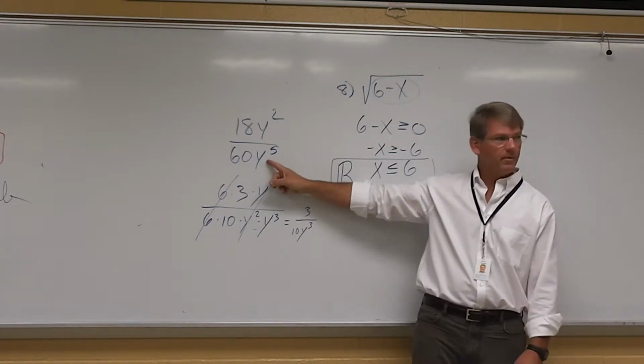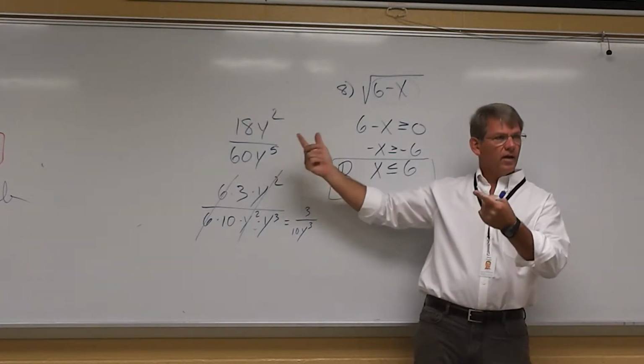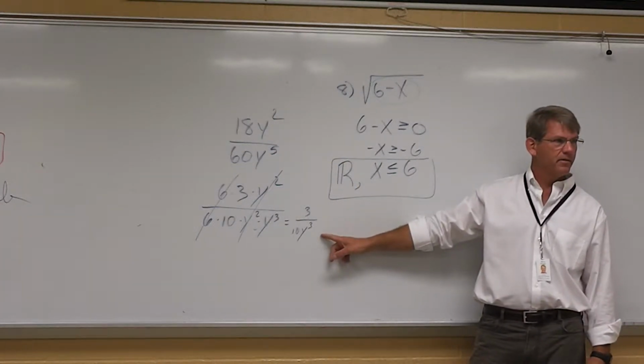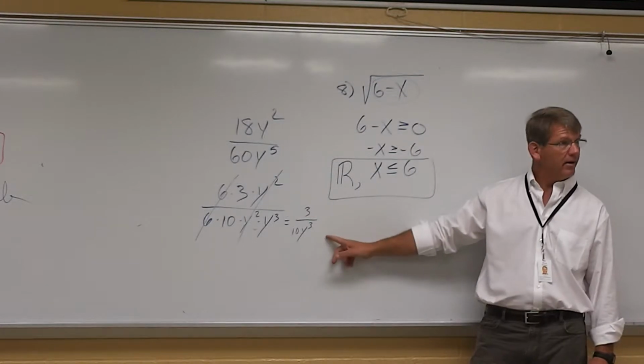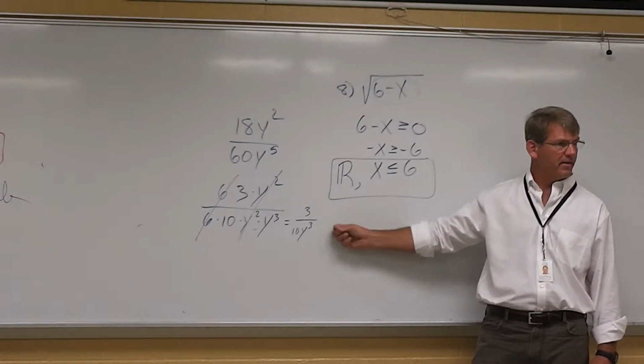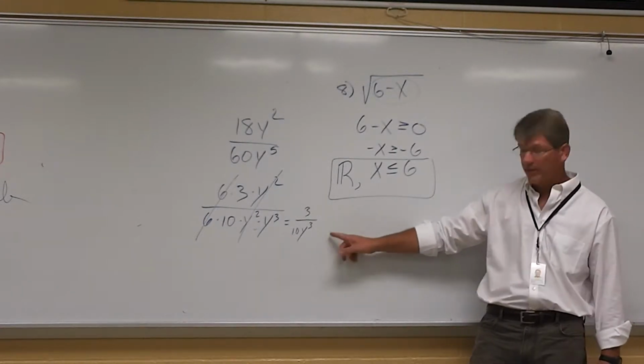That's going to make the whole denominator be 0. Y can't be 0 here, can it? When I look at my simplified version, can I still see that y can't be 0? Yeah, it's still apparent. I don't need to list that exclusion because it's sitting there staring me right in the face. So that one I don't have to list an exclusion on because it's still apparent.